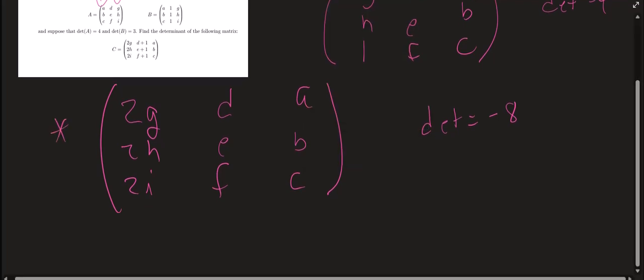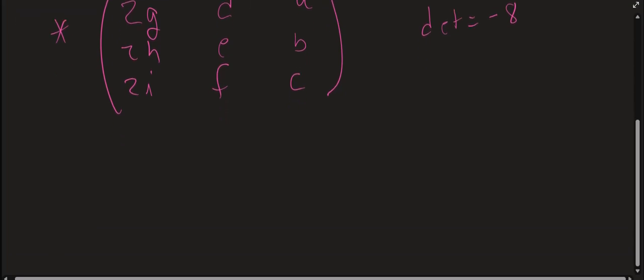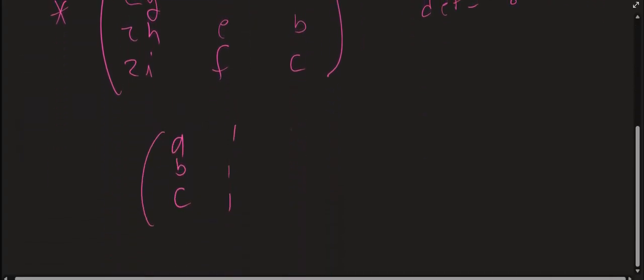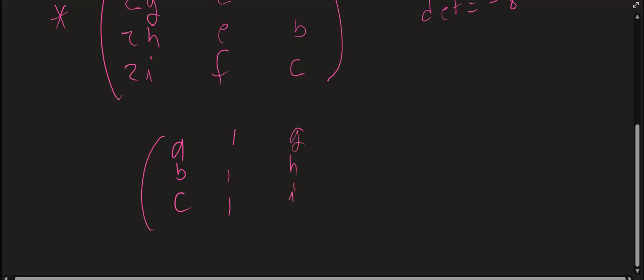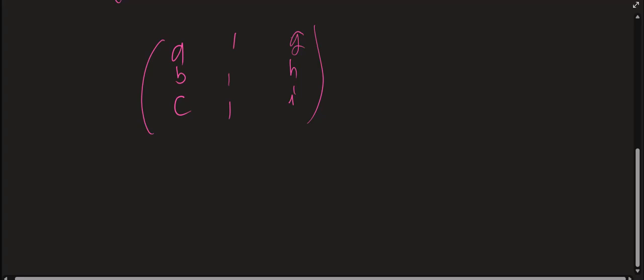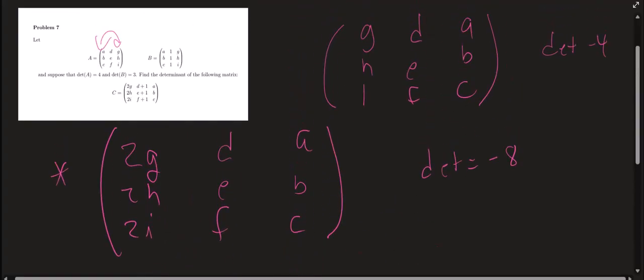I'm now going to take matrix B, which I was told has determinant 3, and I'm going to swap its columns. So that means this has determinant -3.